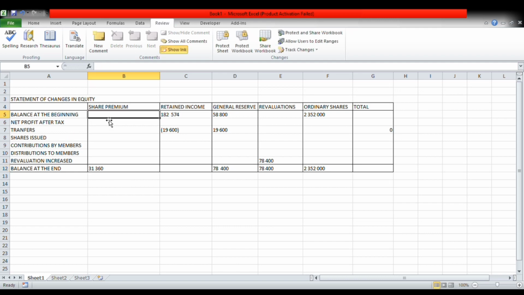We have been told that no shares were issued, so the balance at the beginning is going to be the same amount as the balance at the end, 31,360.